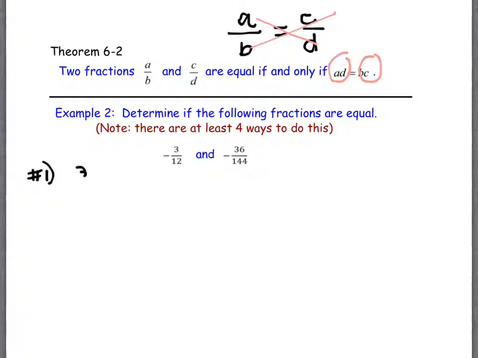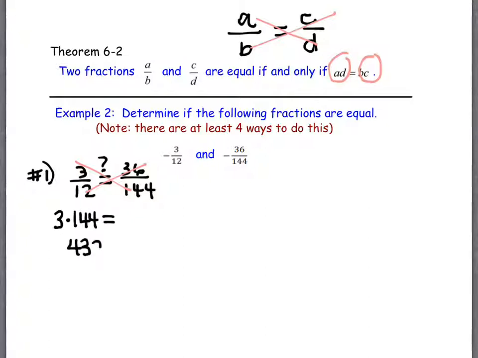So we've got 3 over 12. And we're testing, is this going to be equal to 36 over 144? One way we can do that is by doing cross multiplication. So if we cross multiply, what is 3 times 144? 432. And what is 12 times 36?